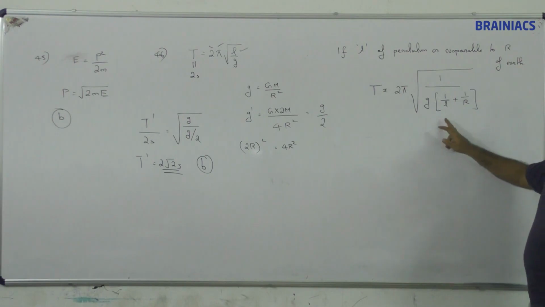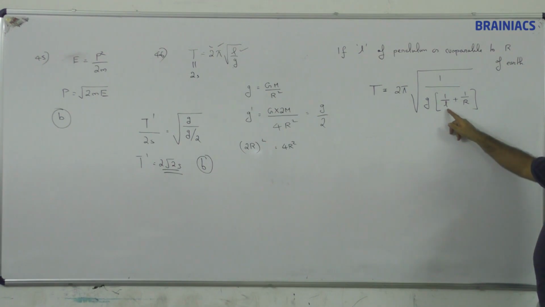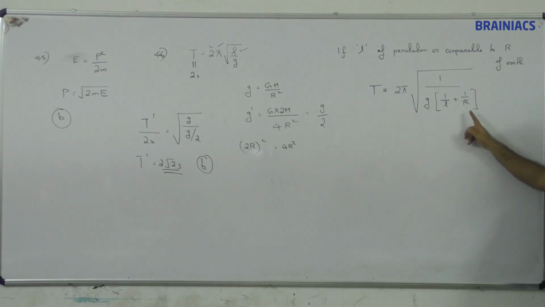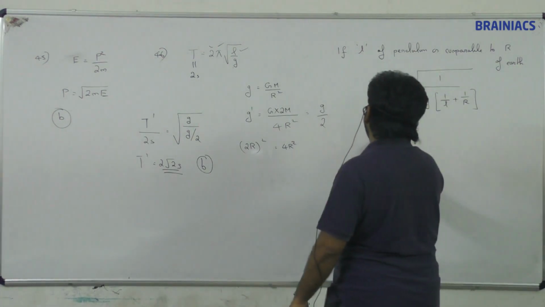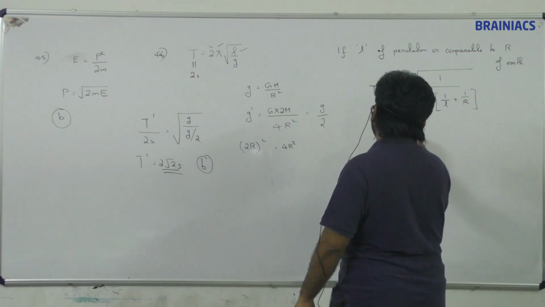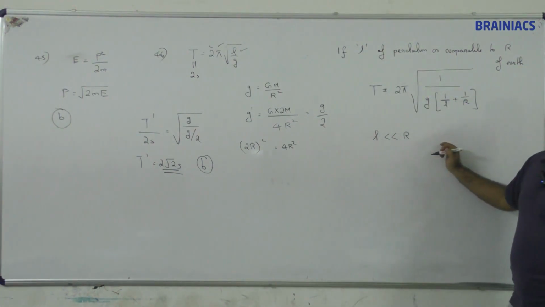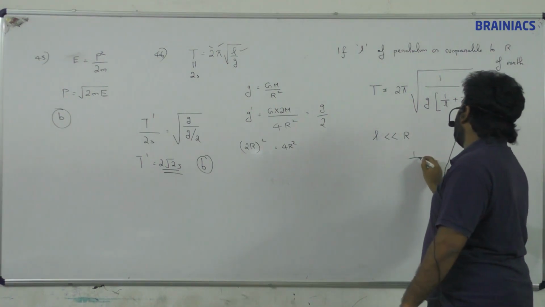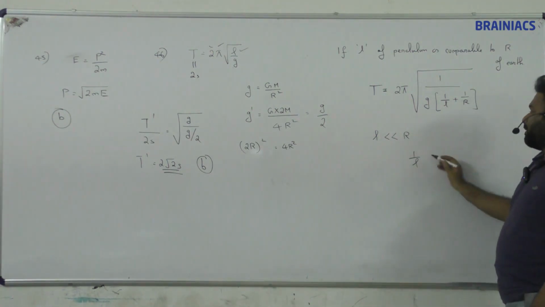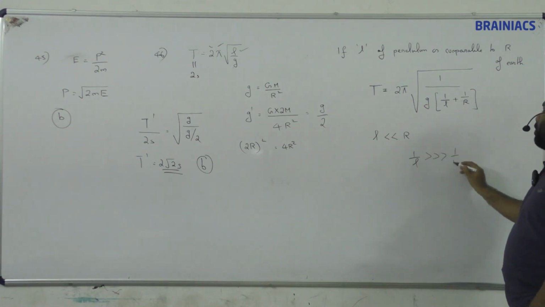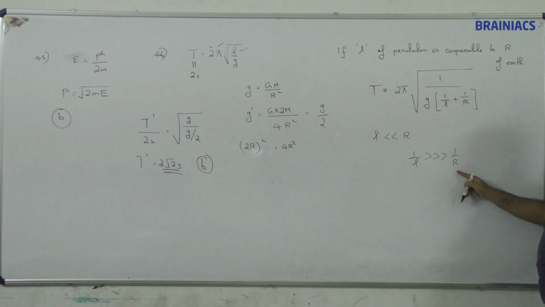This is the same general formula, the only thing is if this length is very less compared to the radius, what will happen to 1 by L? 1 by L will become very much greater than 1 by R. If the length of the pendulum is very much less than radius R, 1 by L, here the denominator is less, so this is going to be very much greater than 1 by R, where the denominator is a huge value.